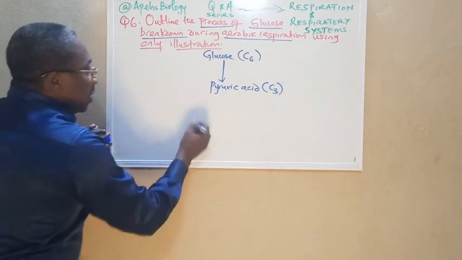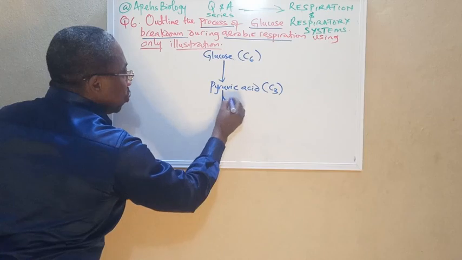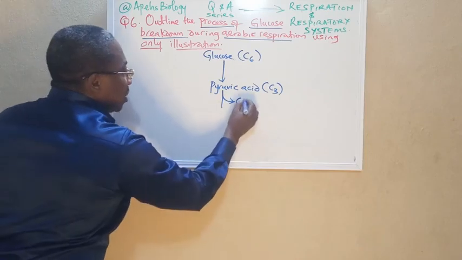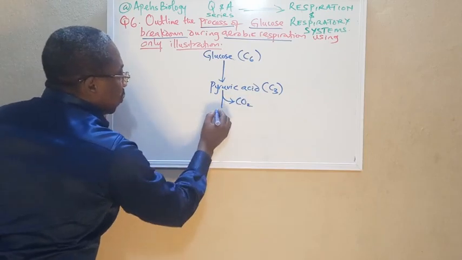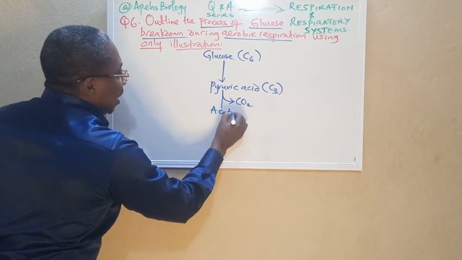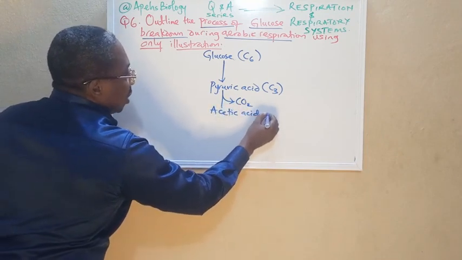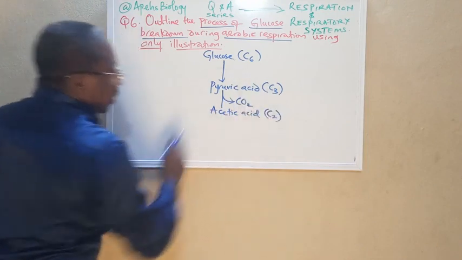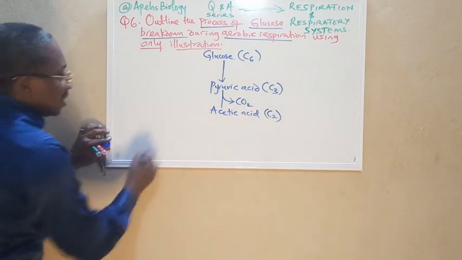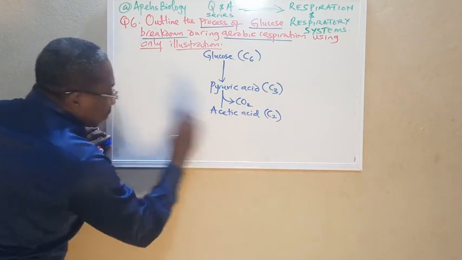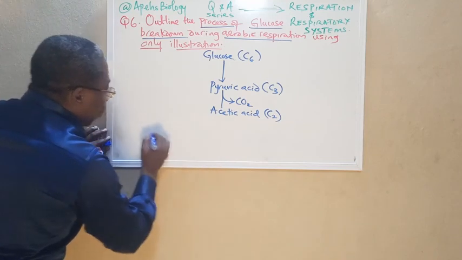Get it? Then this pyruvic acid will lose 1 carbon as CO2 and become what is called acetic acid, which is actually called C2, right? Now this acetic acid will now enter a part of the cell that is popularly called mitochondria.